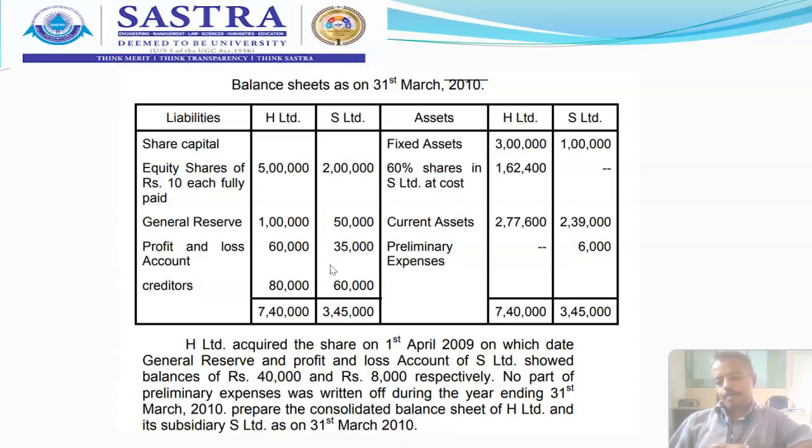Simple logic. The remaining 40% cannot be held by H Limited itself. If it were so, it should have been in the balance sheet. So the remaining 40% have been acquired by the outsiders of S Limited. That 40% we call the minority portion, minority interest in the company.